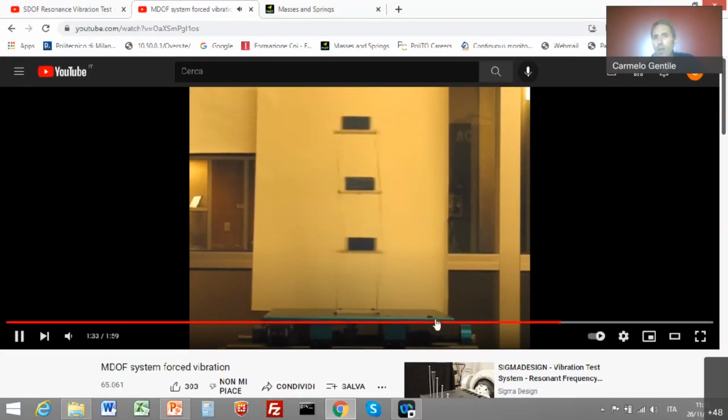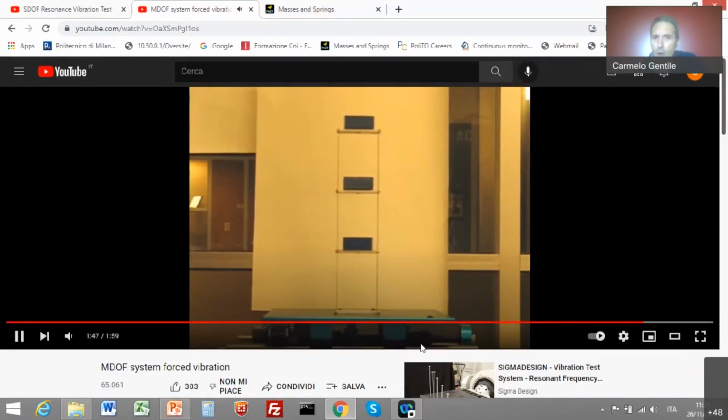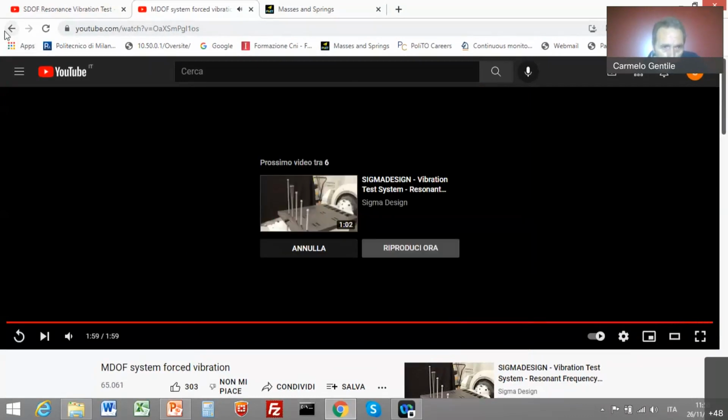This second resonance is at more than 12 Hertz. Of course, if we increase the frequency of the applied motion at the basement, we will reach a further resonance. Okay? So I will try to resume also this one.